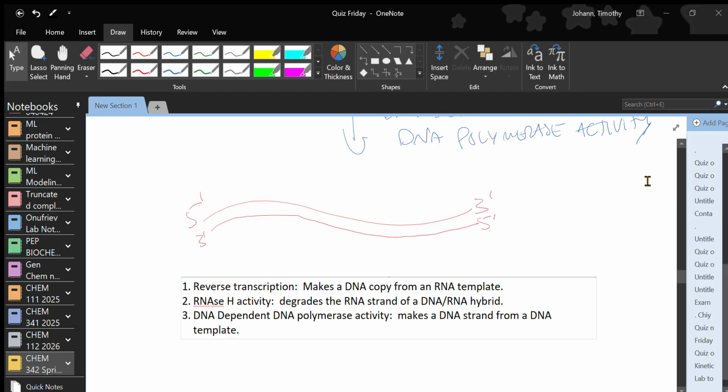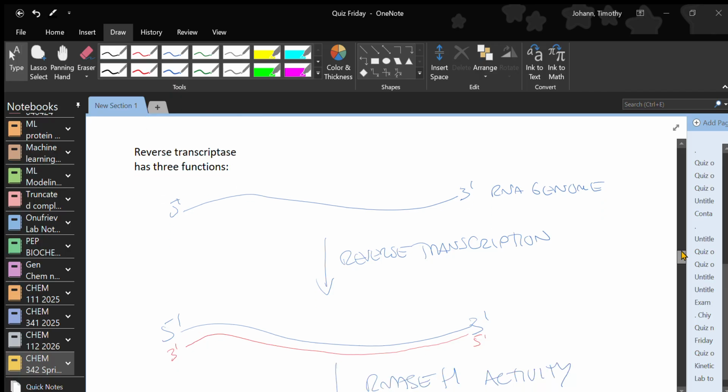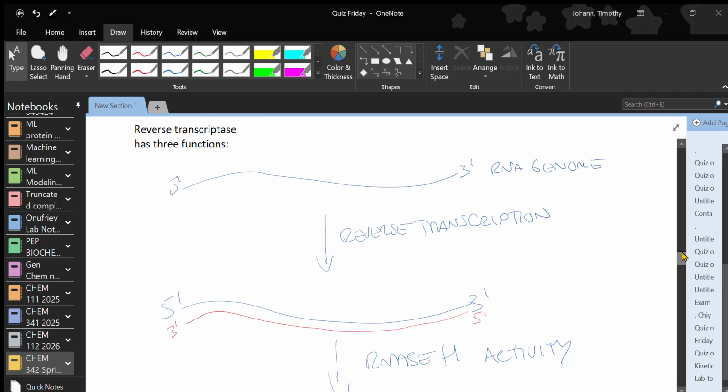When you say a DNA copy from an RNA template, is it any type of RNA, or specific? Well, in this case, it's the viral genome. I was going to say that it's not just doing it to any mRNA in the cell, but it actually might be, because people use this. I don't know if it's a modified reverse transcriptase, but people use reverse transcriptases to take RNAs from a cell and make DNA versions of them, and then you can do PCR.